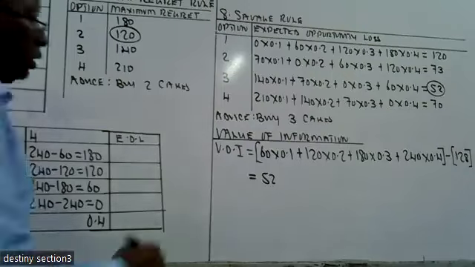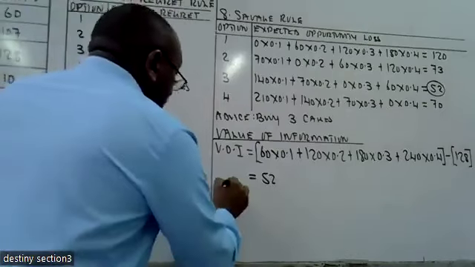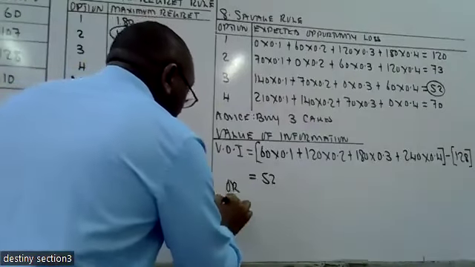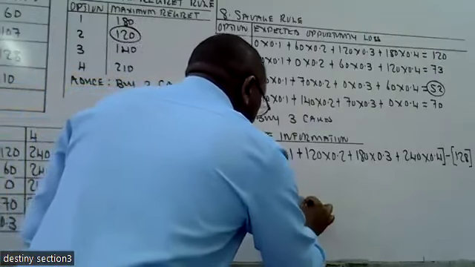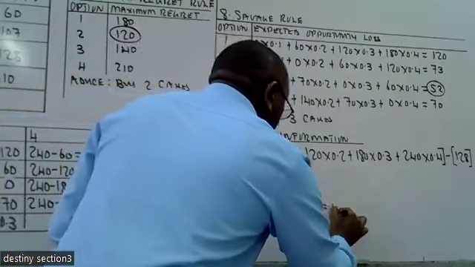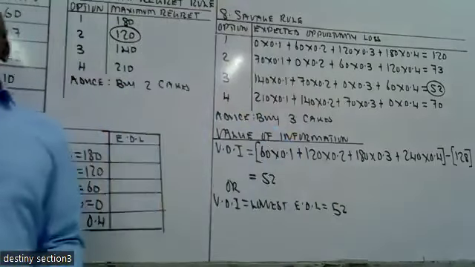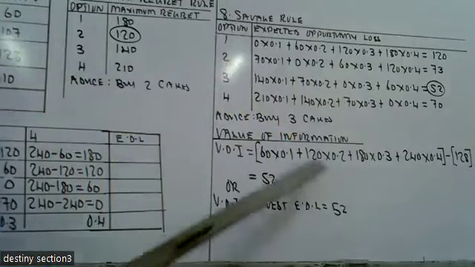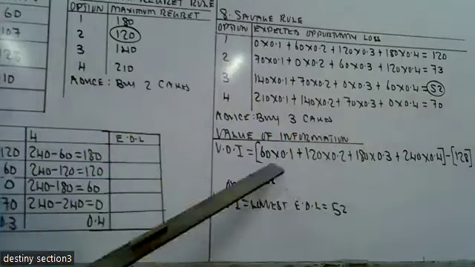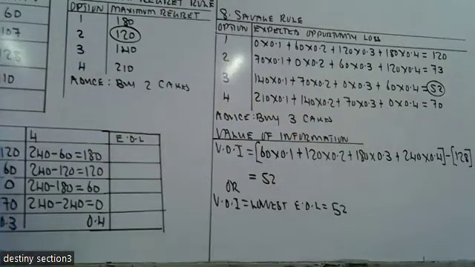This is because value of information can also be gotten from the lowest expected opportunity loss. So there are two ways of getting value of information. You can get the lowest EOL, or you can compute that way. Those two formulas are in your notes again.